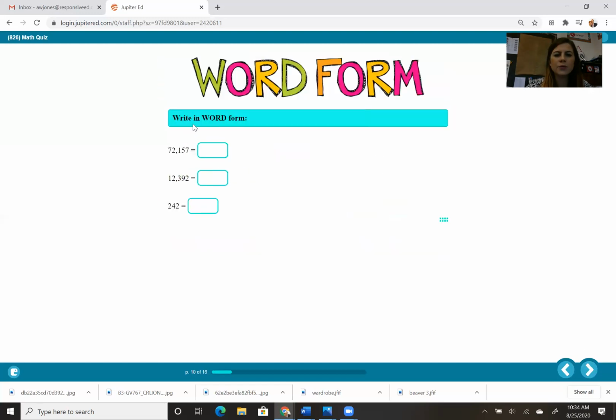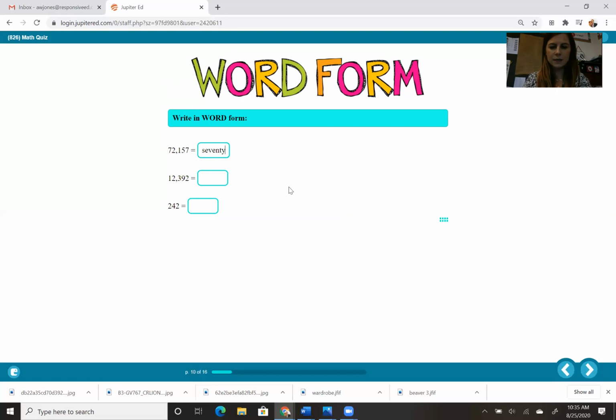All right, now we need to write from standard form into word form. Now remember, if there is a number that is bigger than 20 and smaller than 100, and it's 2 words, it needs to have a dash. So for example, 22, 20 and 2 are 2 separate words, so they need to be joined by a dash. But the word 20 is just 1 word, so it doesn't need a dash.